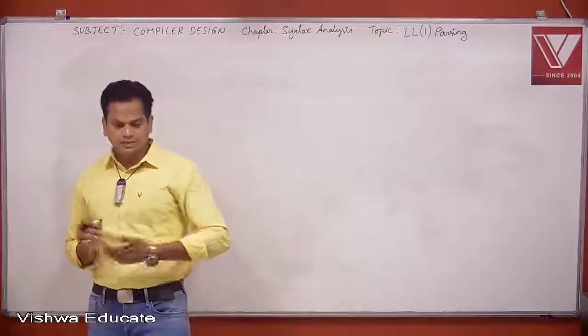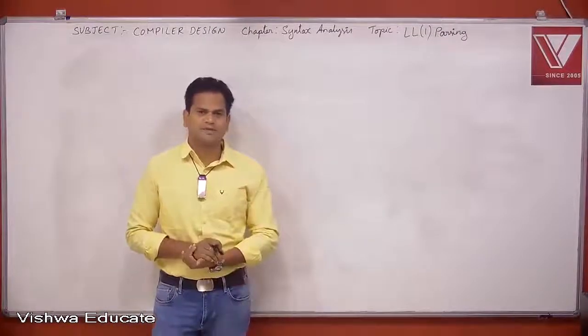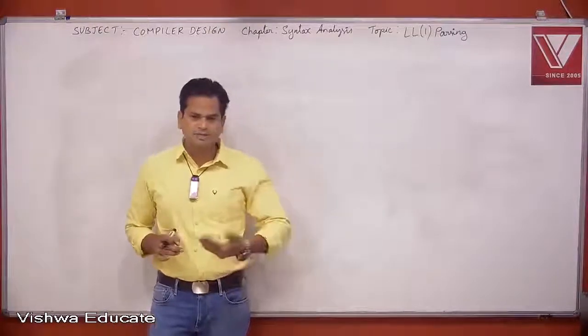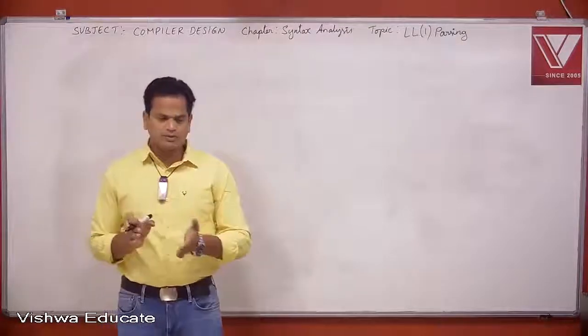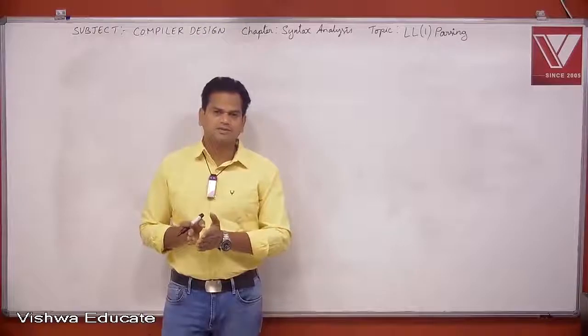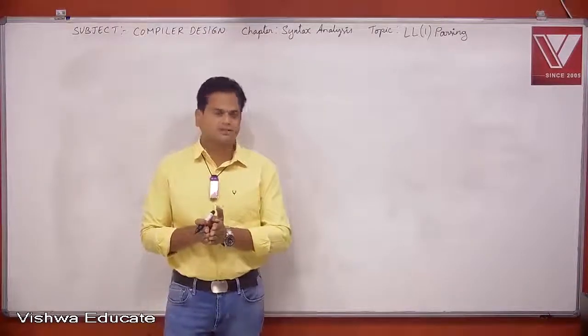So we cannot use every method for every grammar. A given grammar may not be suitable for the LL1 parsing technique. So how to decide whether it is possible to parse using LL1 or not?